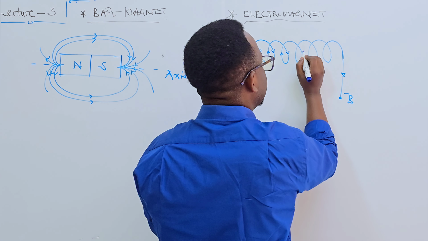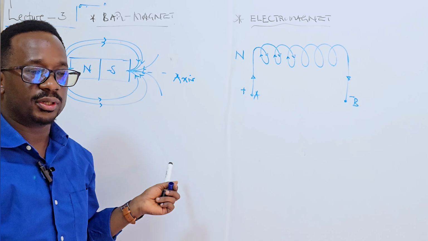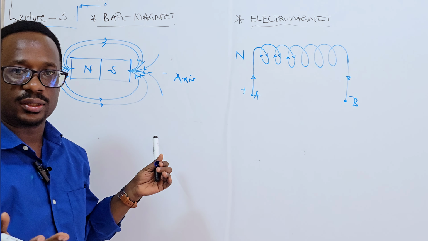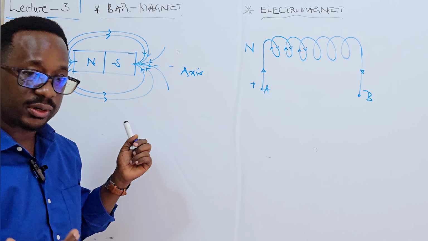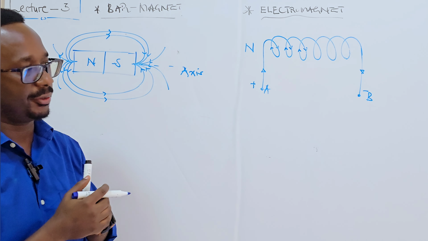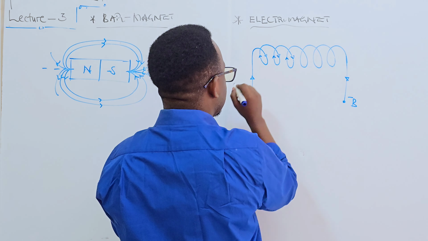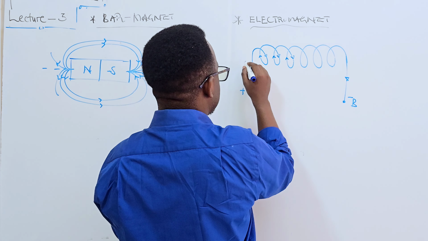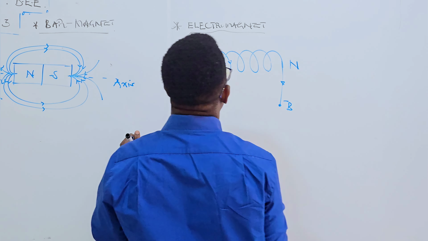So, guys, this is why I was stressing the point of orientation of everything: the coils, the permanent magnets, and in which direction the current is flowing. Orientation, orientation, orientation. If current is flowing like so, depending on how I've decided to wind my coil, that's going to be the south, that's going to be the north.